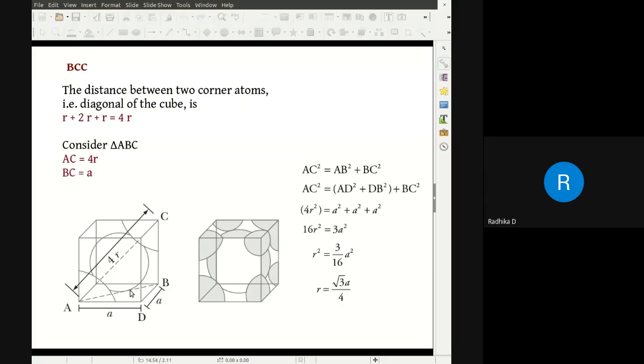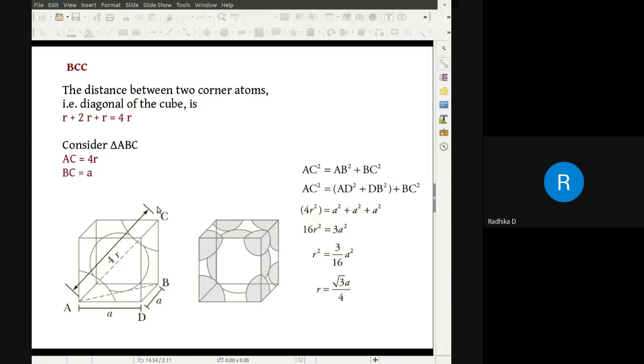If I know the length AB, I have the lengths for AC, BC, AB, all three sides, and I can get the relation between radius and A. So AD is A, BD is also A, so AB will be the square root of A square plus A square. Pythagoras theorem, just apply it. A square plus A square, root of 2A square.